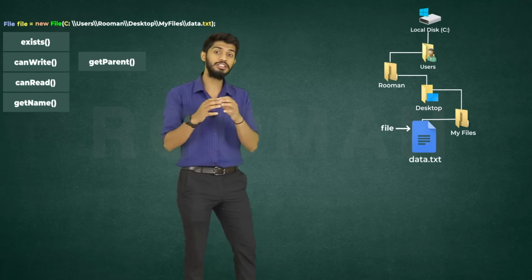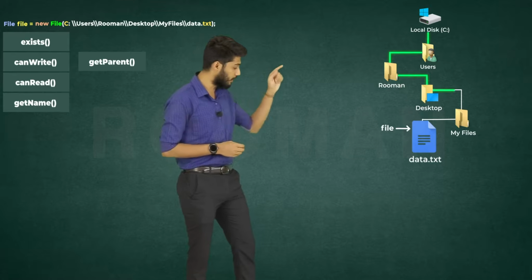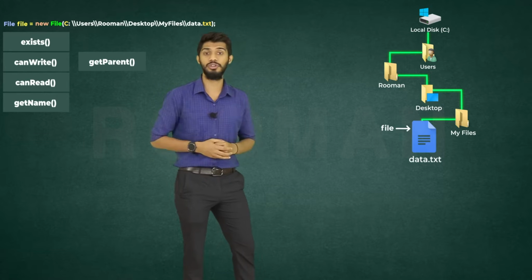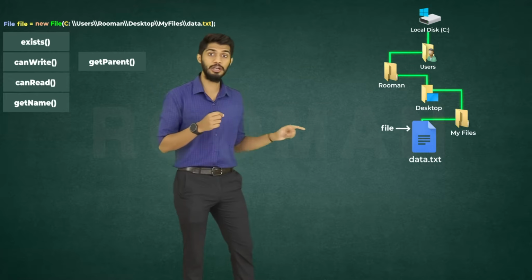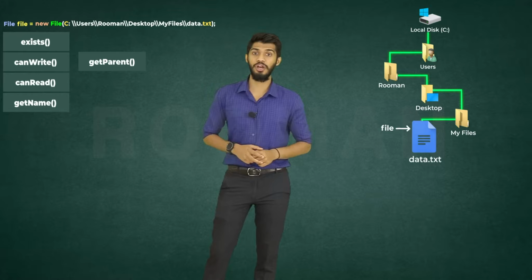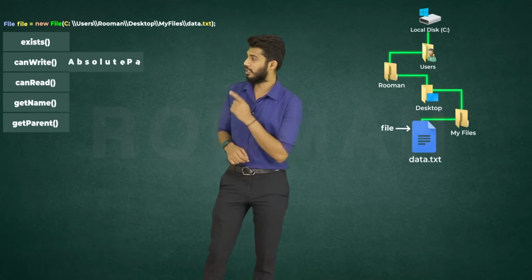Not just that, if you want the complete path, from the C drive till that particular file, with all the folders or directories, you can get that as well. How to get that particular path? Very simple. There is a method for that, and the name of the method is getAbsolutePath.